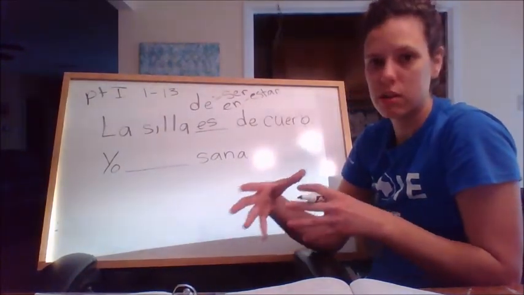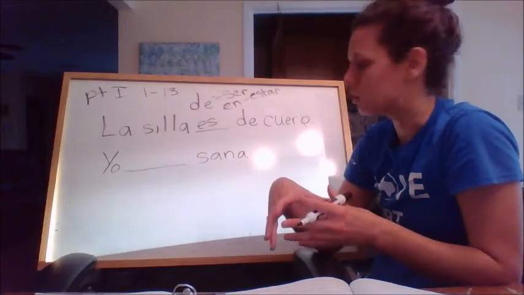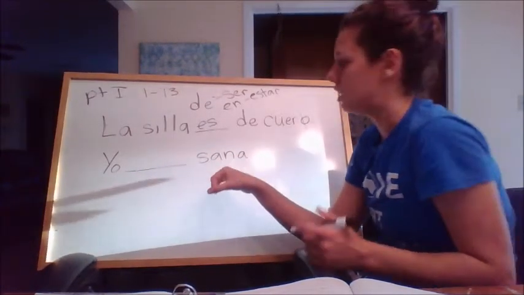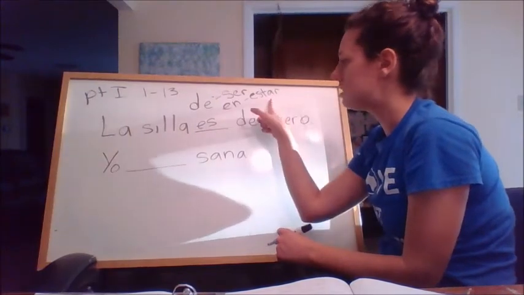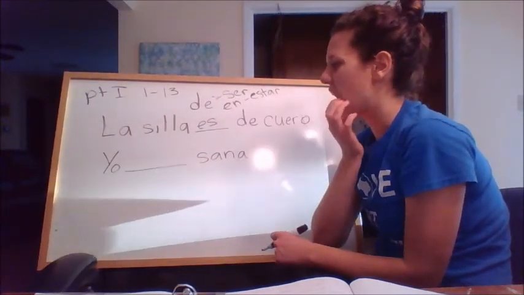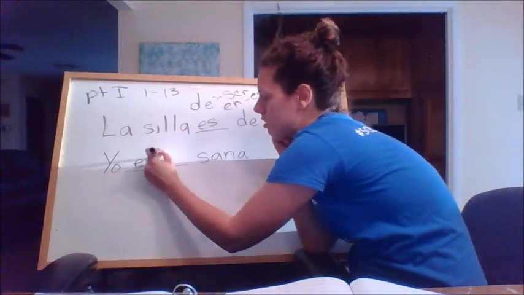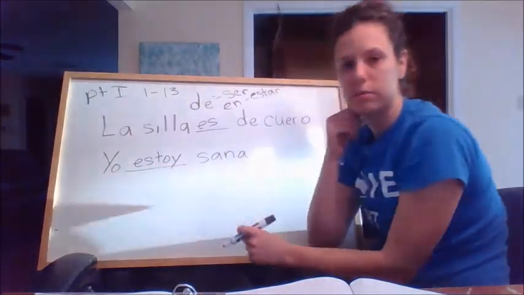One day you might be healthy, the next day you might be sick, and vice versa. So this is a condition. So we have to use estar, and then we have to conjugate it for yo. So this is going to be estoy. Okay?